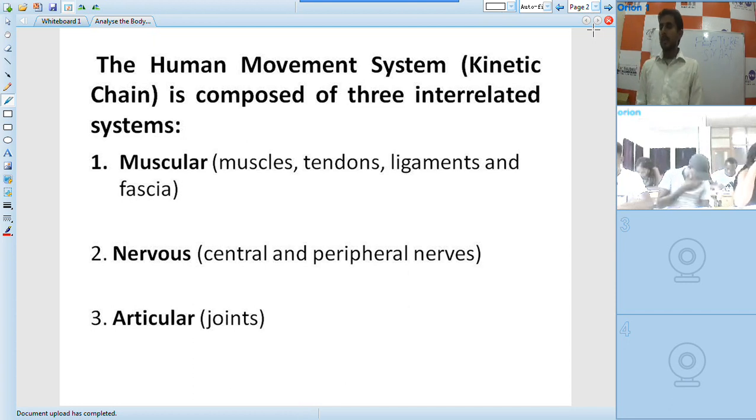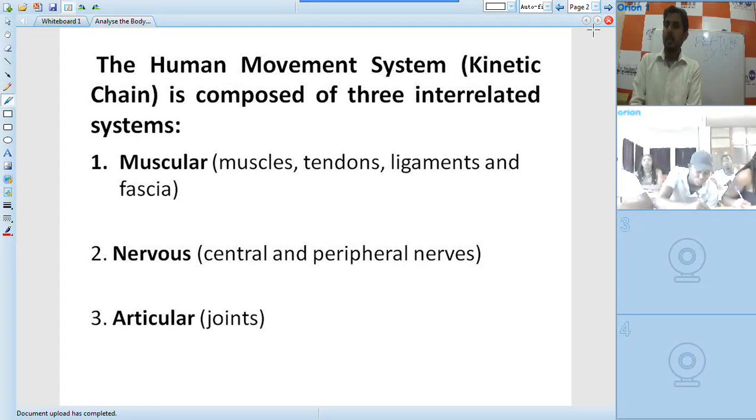In the human body and body structure and the various systems, we have discussed the musculoskeletal system or the muscular system. This chapter or topic is more or less related to that only.